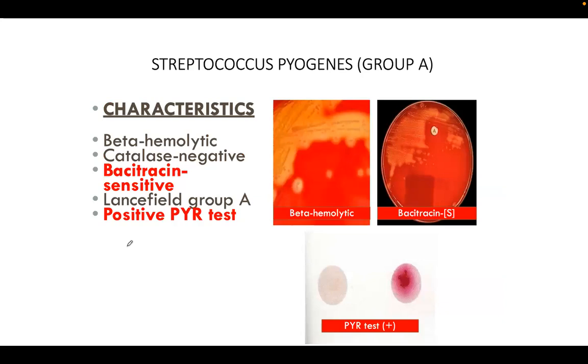Now for pyogenes, this is beta hemolytic, bacitracin sensitive, and PYR positive. When you hear pyogenes, always think of rheumatic fever and glomerulonephritis.